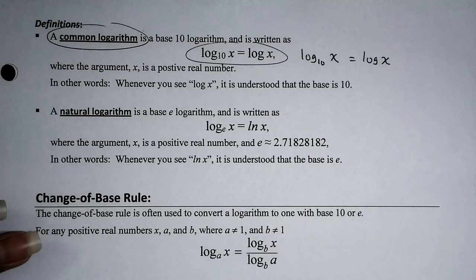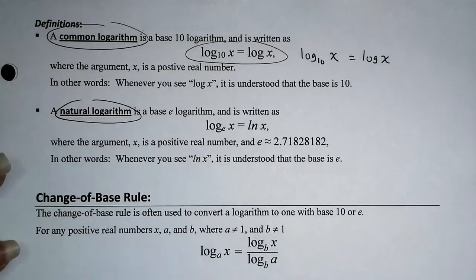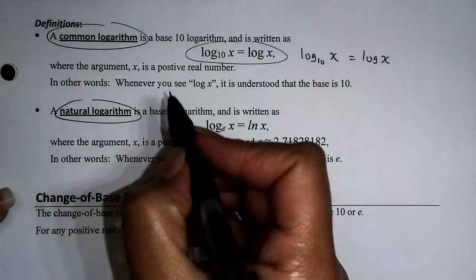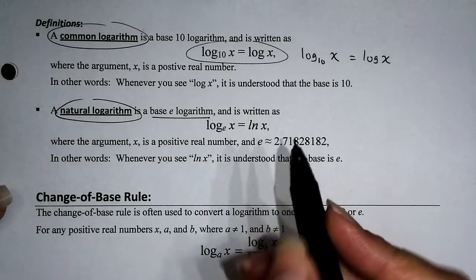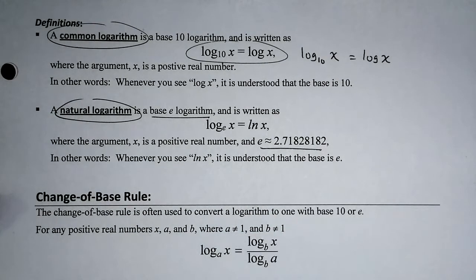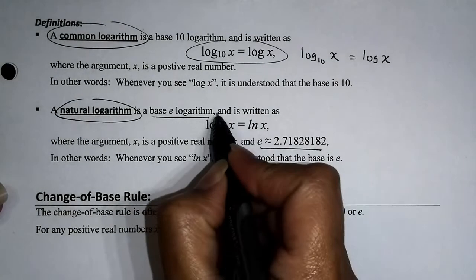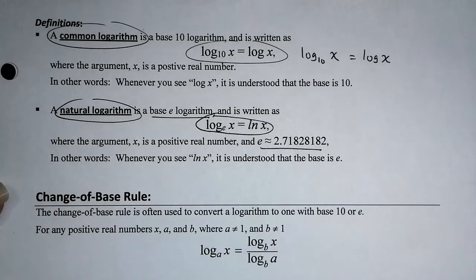Okay, now for another cool name, natural logarithm. Natural logarithm, what is that? Natural logarithm is the special name given to a logarithm of base e, where e is about 2.7 and I forget the rest. So again, nothing fancy, nothing new. I'm just gonna copy over what we have.